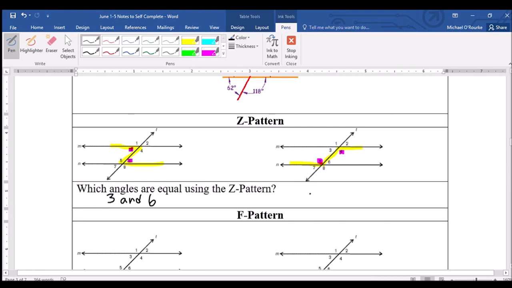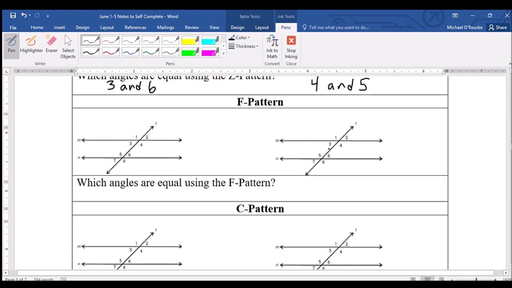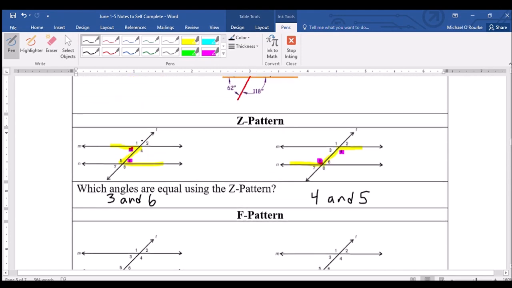And this side here, it is the 4 and 5. Okay. I encourage you to get a marker out and mark these off, right? So it creates a Z, and those two angles are equal. Which ironically make the 4 and the 5 equal as well over here, but not in the case of Z pattern. You couldn't prove 4 and 5 equal using Z unless you flipped it, like so, right?